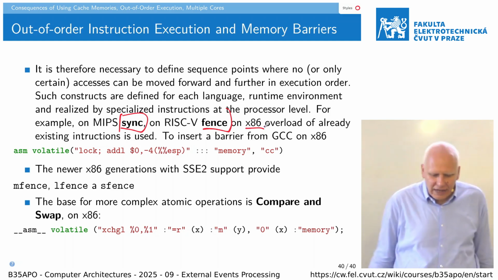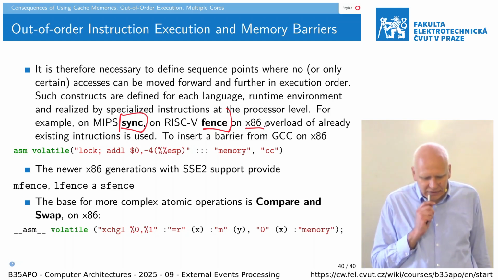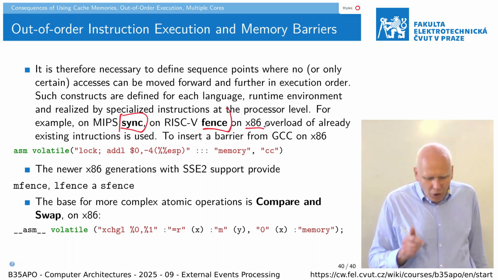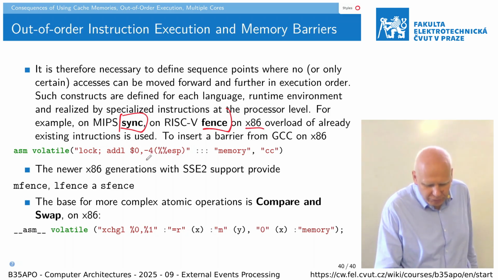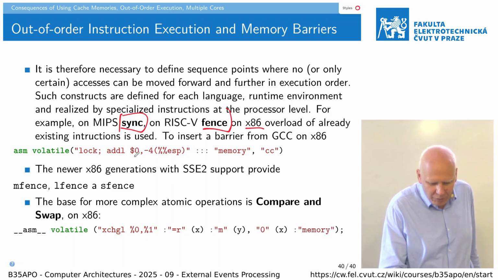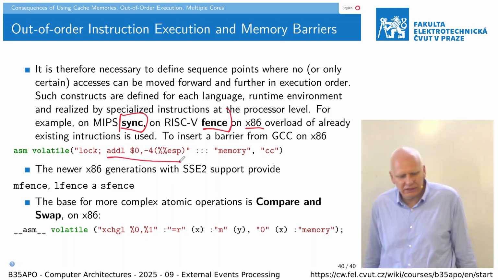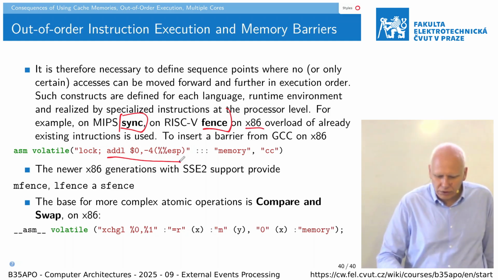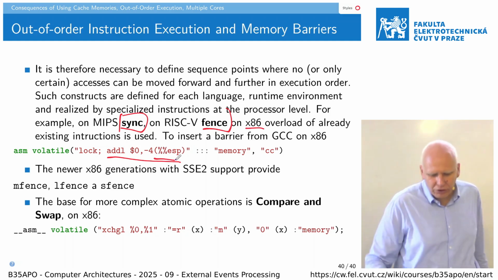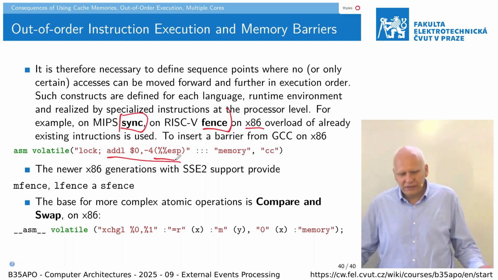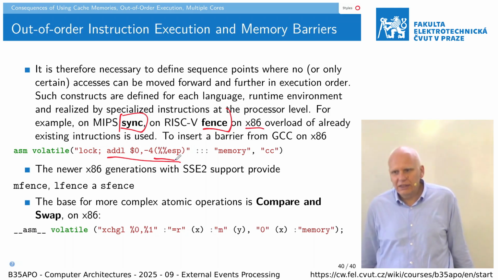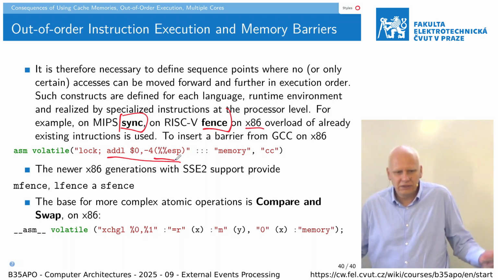So there are quite interesting operations which are used for this purpose. For example, some operations which make no sense, because adding zero to some location on the stack has no effect in the real code. It is adding zero.